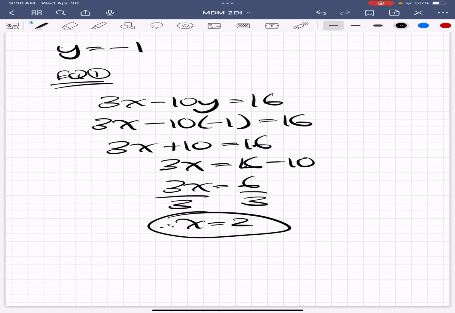So I substituted y equals negative 1 into equation 1, the original equation that we were given, to get the point of intersection x coordinate. And now we have our therefore statement to finalize the POI value.